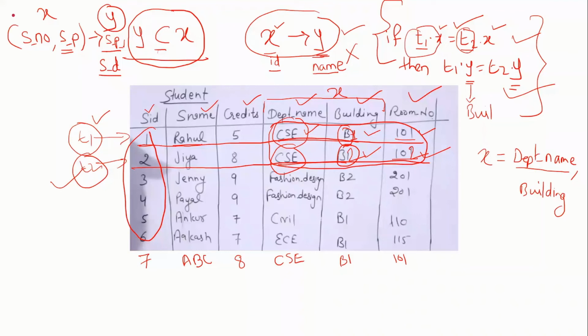Due to this dependency, certain problems, or we can say certain anomalies, are going to occur, which are called insertion anomaly, deletion anomaly, and updation anomaly. To avoid these anomalies, we have to reduce this schema, which is called the concept of normalization.